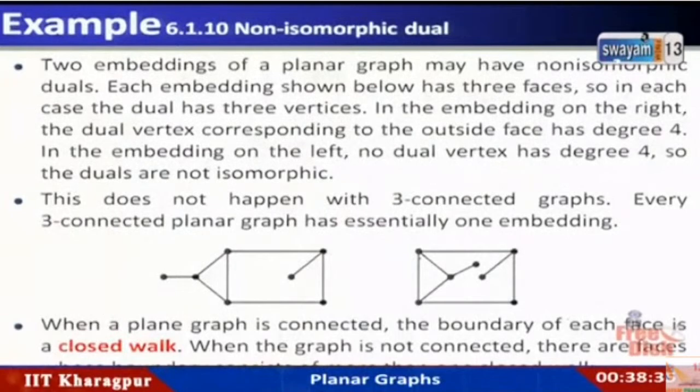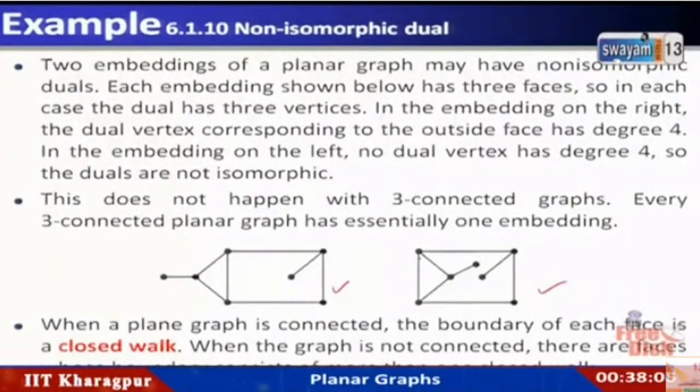Now we can see that for two given isomorphic graphs, if we take their duals, they are not necessarily isomorphic. This is an example of non-isomorphic duals. Here we have two different embeddings of a planar graph, but if we take their duals, they may be non-isomorphic.